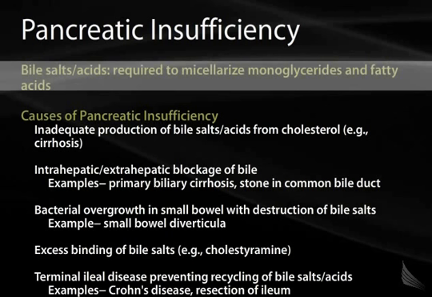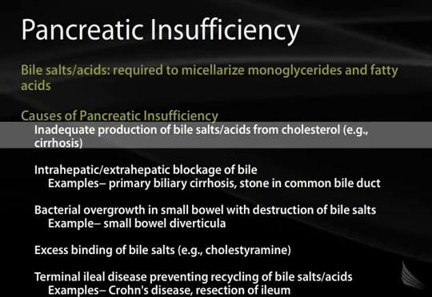Bile salts and bile acids are important because they micellarize monoglycerides and fatty acids. What this essentially means is that they package these fatty acids for absorption. If this micellarization cannot take place, absorption is impaired. Insufficiency can be caused by inadequate production of bile salts or acids from cholesterol, such as in cirrhosis.